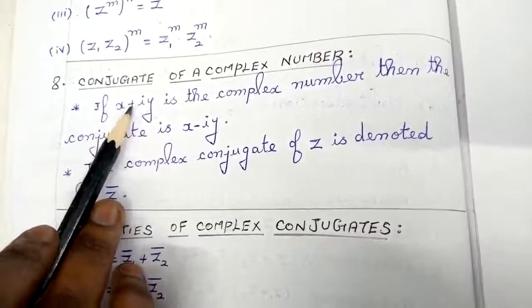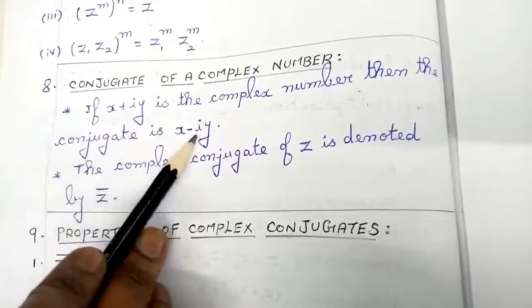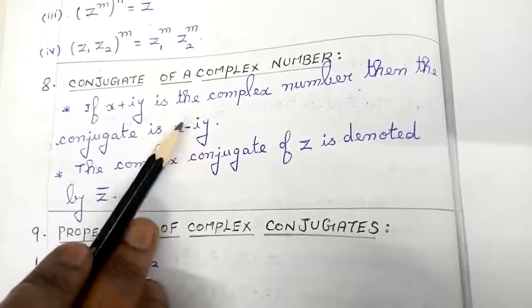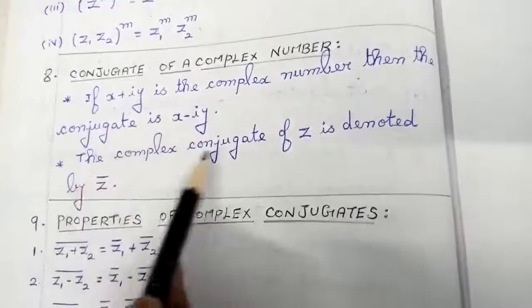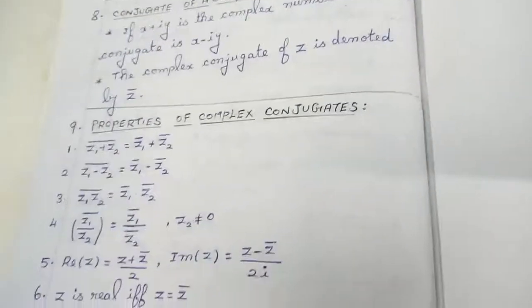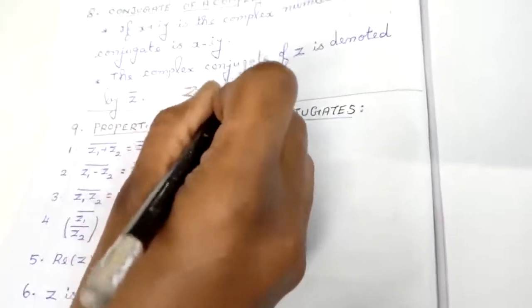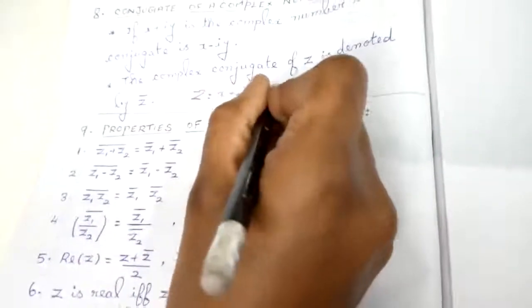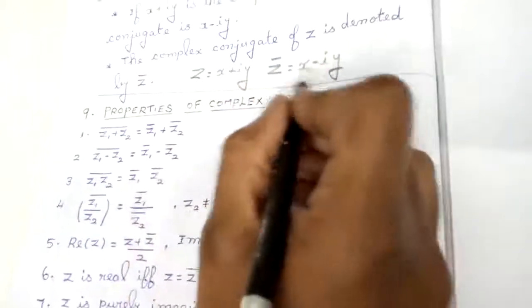Only in the imaginary part the sign will be changed. So when only the imaginary part sign is changed, I can say it is the conjugate of the given complex number. The complex conjugate of z is denoted by z bar. That is why in most places while doing the sums, if z equal to x plus iy, then z bar, that is z conjugate, is nothing but x minus iy. So keep this in your mind, this is a very important concept.